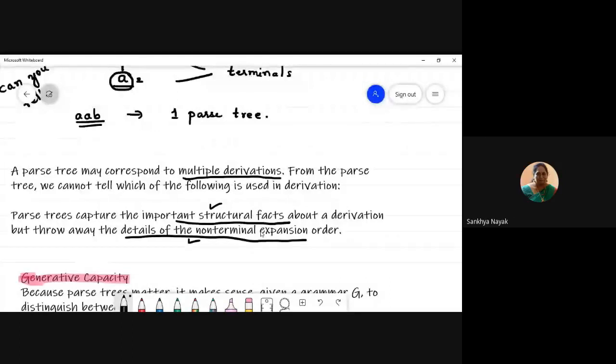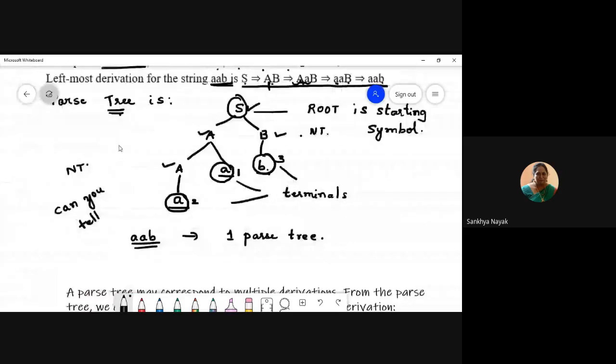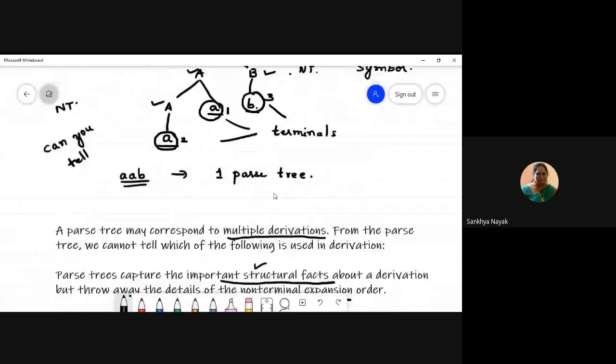No, ma'am. Okay. So basically, we wrote this parse tree. A parse tree may correspond to multiple derivations, which means we can do leftmost derivation, rightmost derivation, even multiple leftmost derivations. So the tree that we create may correspond to multiple derivations.